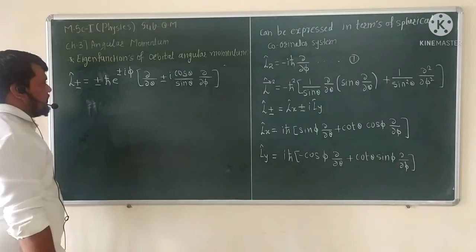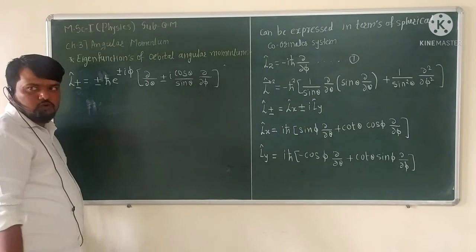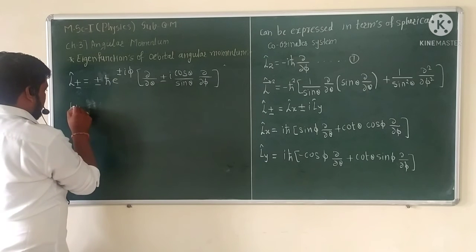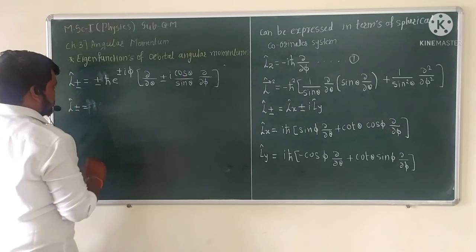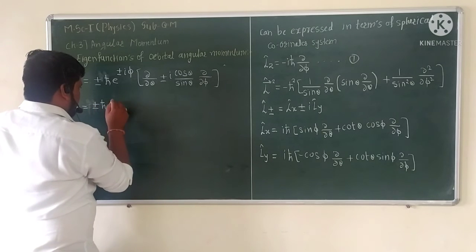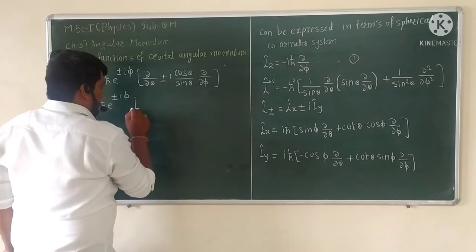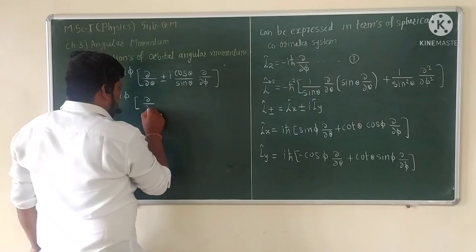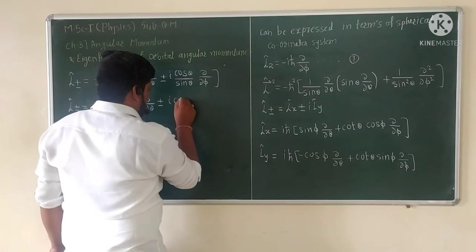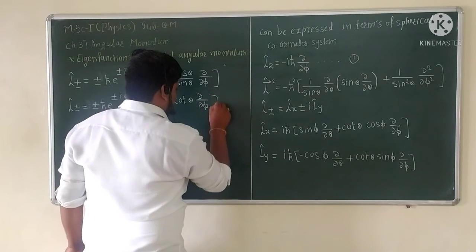You know that cos theta divided by sin theta is nothing but cot theta. So that is the final equation of the L plus or minus cap operator in the spherical coordinate system, which is plus or minus h cross e to the power plus or minus i phi in bracket dou by dou theta plus or minus i cot theta dou by dou phi.